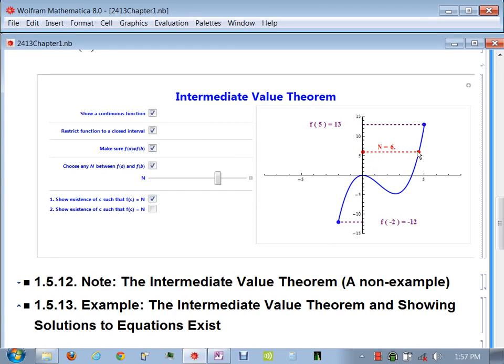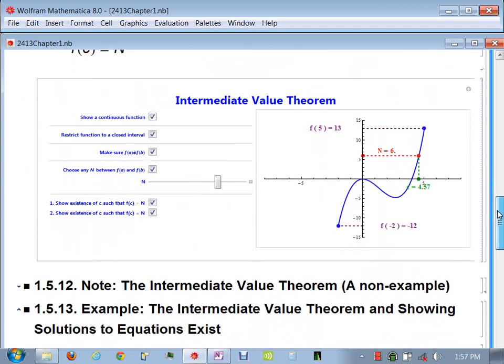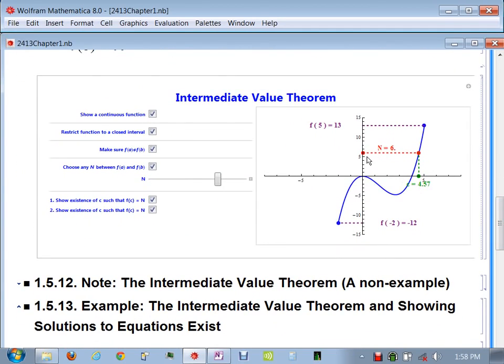Somewhere my graph must be 6, and it comes from an x value of 4.57. There exists a c, the c is the x value and the d is the y value. I pick any y value I want between -12 and 13. By the intermediate value theorem, there's got to be some x value that would give me that point.